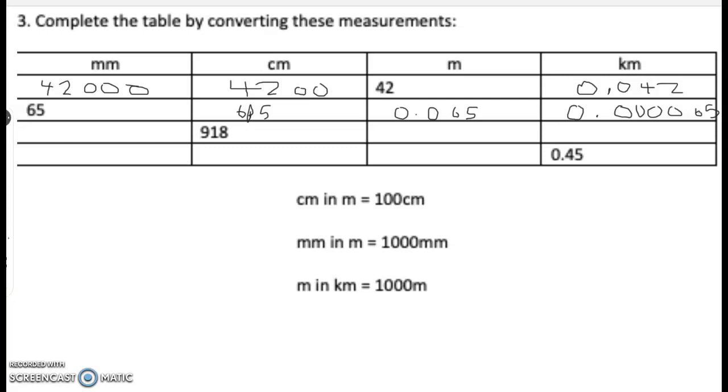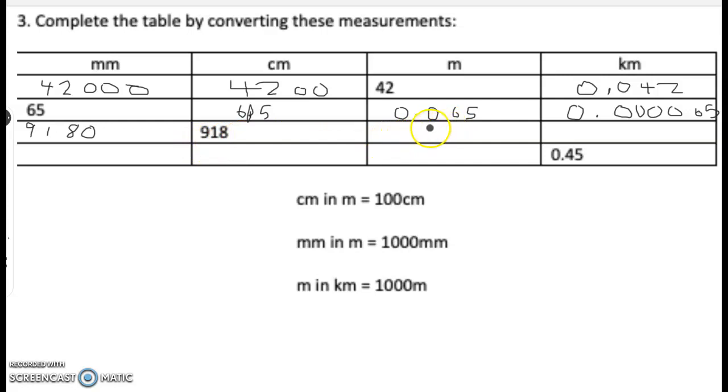Okay, very good, people. Now that you've had a go, it is 918 millimeters.